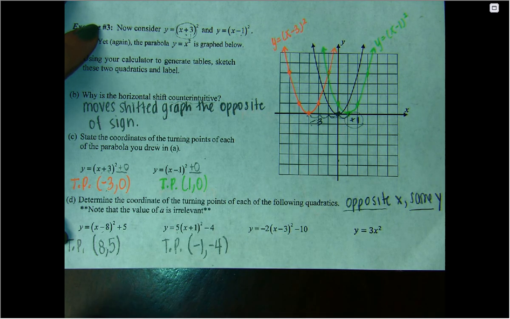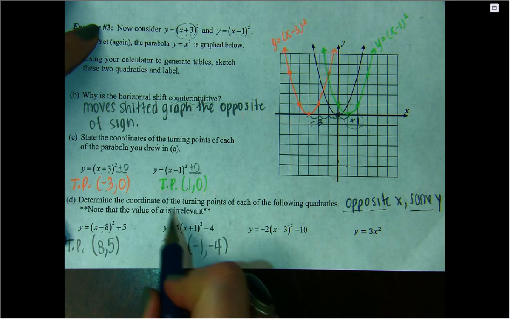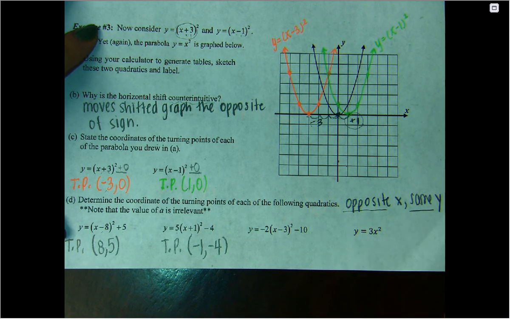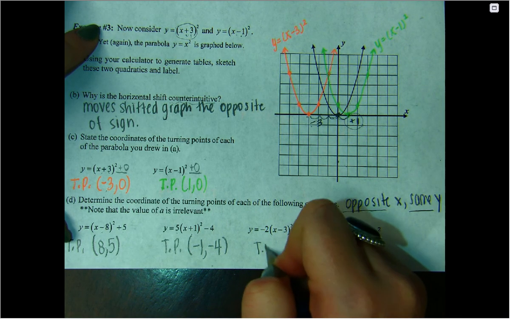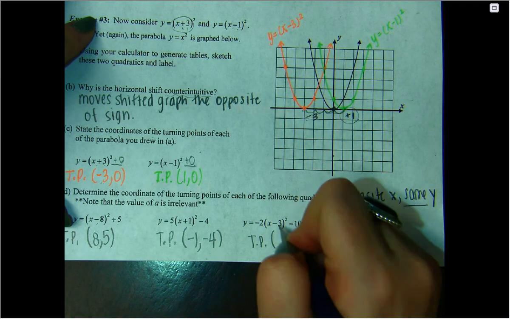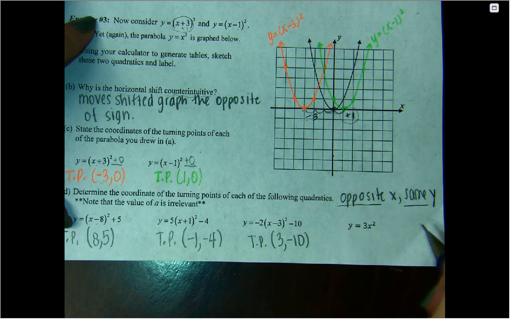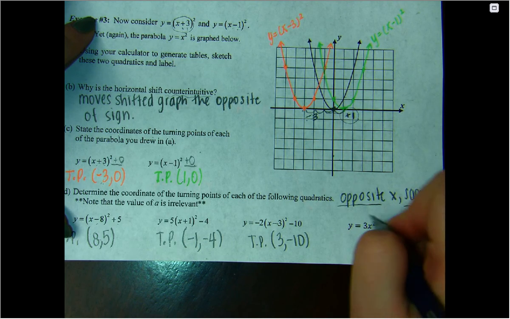What about this 5? It does not matter. It is irrelevant. It is strictly telling you if this thing is concave up, concave down, skinny, or fat. It has no relevance on the actual turning point. Opposite x, so the opposite of -3 is +3, same y. And, ooh, this one's a good one. So what is this one?